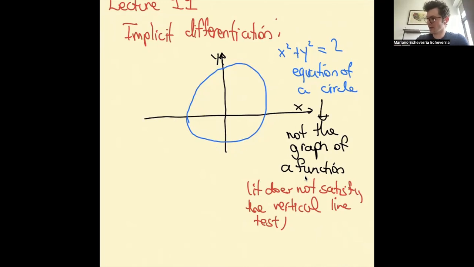Let me choose a different point. Here we could have the point (1, -1). We would like to find the tangent line to the circle at that point. Still, we want to find tangent lines.